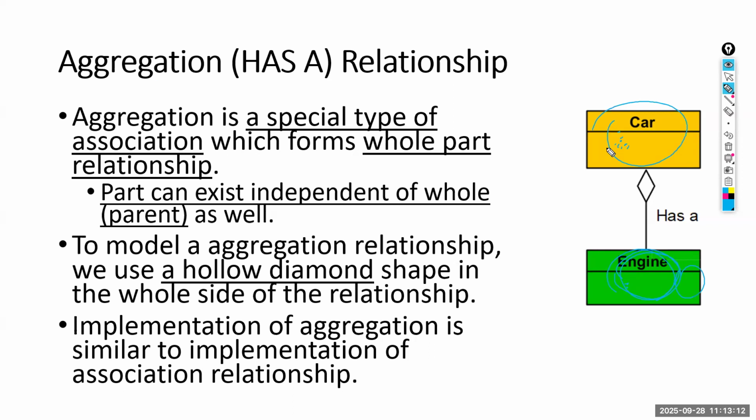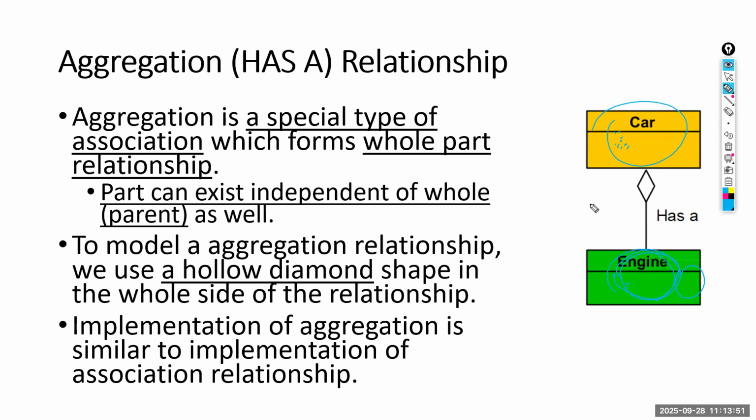So in reality, order and order item is actually something like a whole-part, not an association, ideally. But order and payment, customer and order, that is association, because an order is not part of the customer. But an engine is part of the car. An order item is part of the order. Order items are in the order.